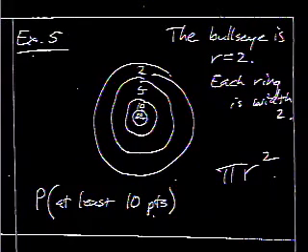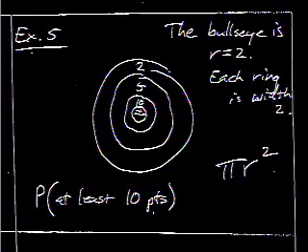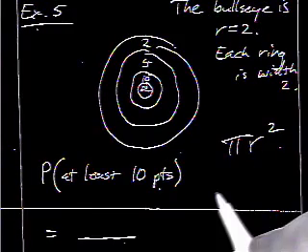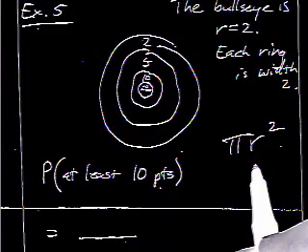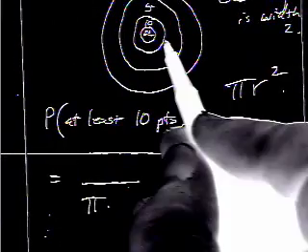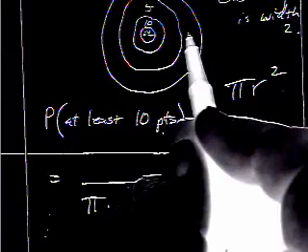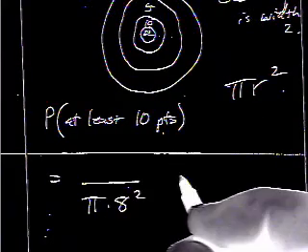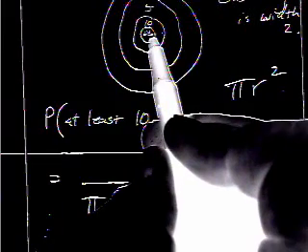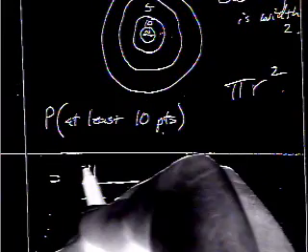So what's the probability that we get at least 10 points? Well, let's see here. We want the entire area of the whole target. So that would be pi times the radius of the whole thing, 2, 4, 6, 8 units. The area that we're interested in has a radius of only 4 units.